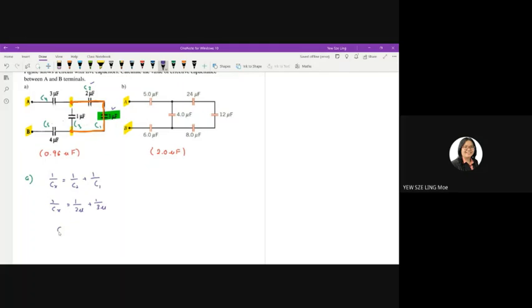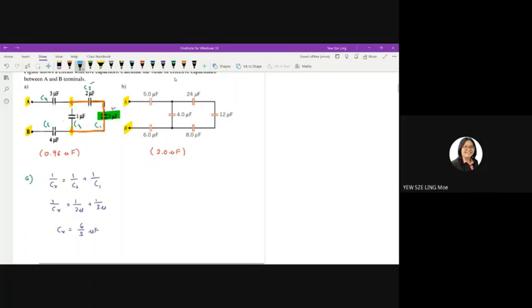So Cx, if I got it right, I should obtain 6 over 5 microfarad. Done. That is the first step, if you look at the capacitor in between these 2 junctions.